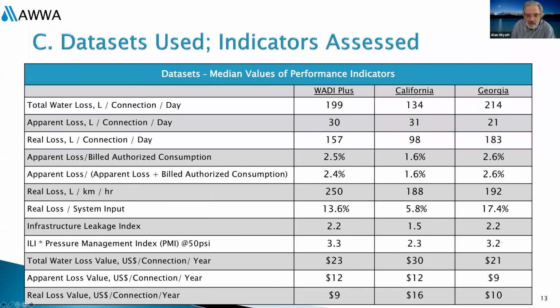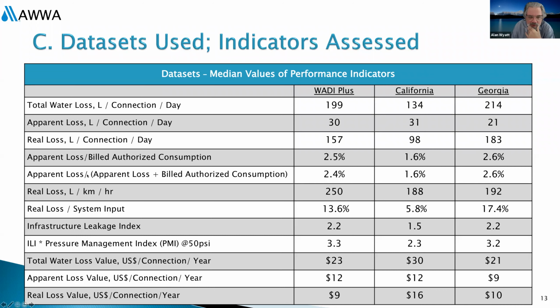And then on this slide, we have some of the standard performance indicator values. You see the total water loss in California is fairly significantly lower. Again, these are medians. Apparent losses aren't too different, but Georgia's is double California's roughly.